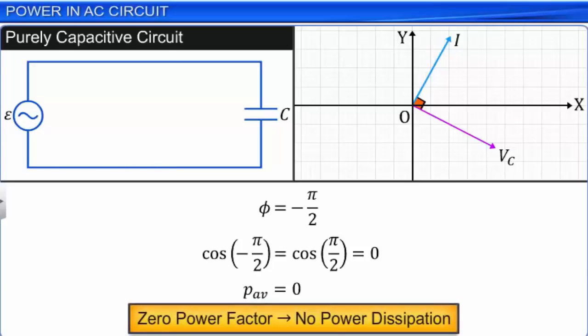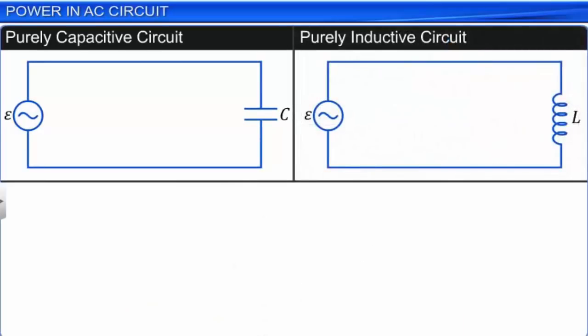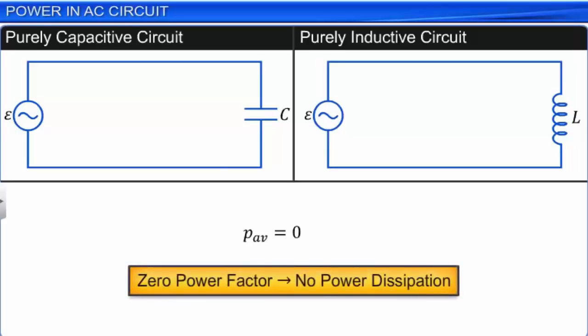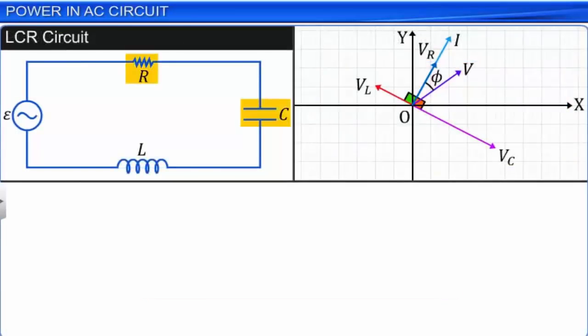The current in a purely inductive or purely capacitive circuit, where the power dissipation is 0, is known as wattless current. In the case of CR, LC, LCR series AC circuits, there exists a phase difference between the AC voltage V and current I in the range of 0 to pi by 2.